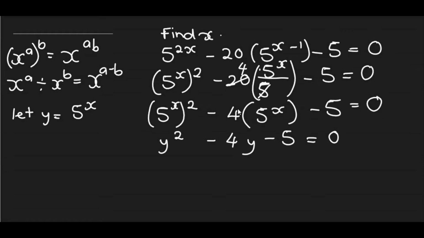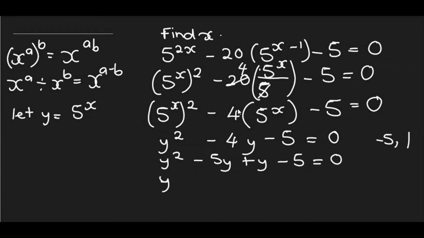So how do we factorize? Which two numbers, if we multiply we get minus 5, and if we add we get minus 4? Those numbers are minus 5 and 1. So y squared minus 5y plus y minus 5 is equal to 0.